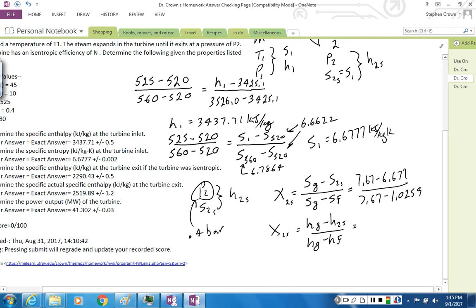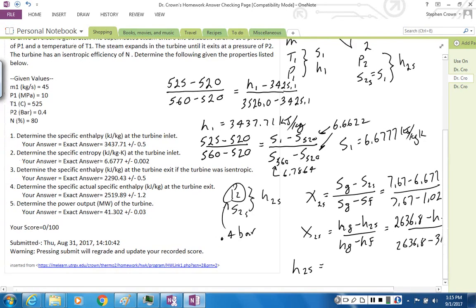And when I put those values in, I get Hg at 0.4 bar is 2636.8 minus H2S over Hg, again 2636.8 minus Hf 317.58. And I put those two together, and I get that H2S is the same value I have over here, 2290.43.